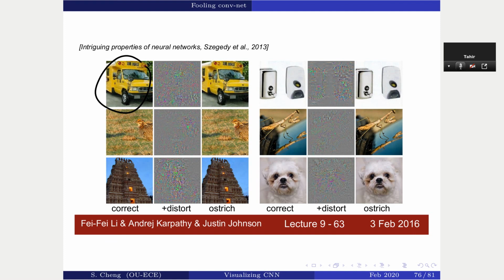I give you the image, and I give you the entire model. Let's say I give you the weights there. How can you modify this image such that the network thinks this is, say, a dog?